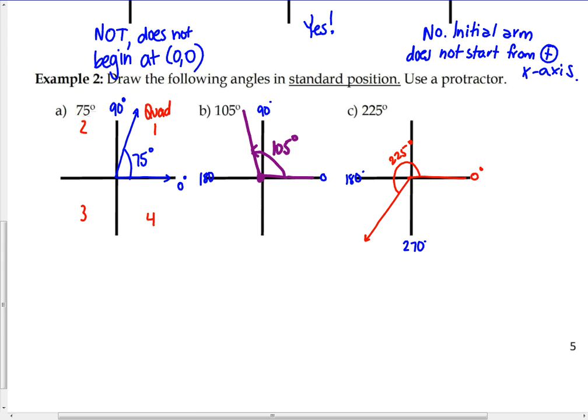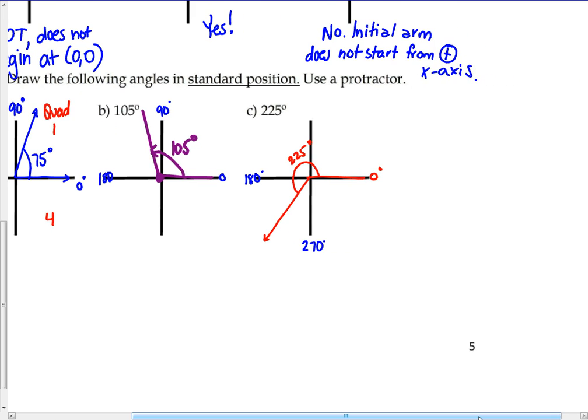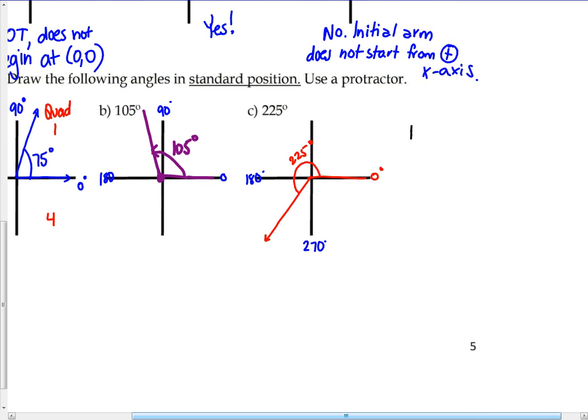Okay. A couple notes. I want you to add something on the side here, and that's something called a reference angle. We're going to talk more about a reference angle on the next page, but I would like you to start getting the idea of it right now. So what is a reference angle?